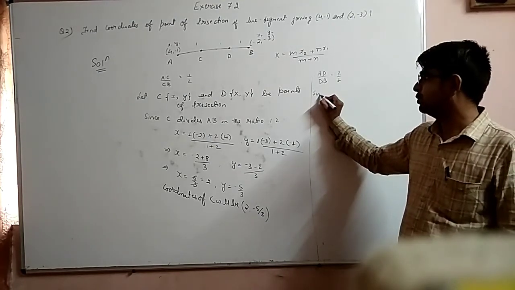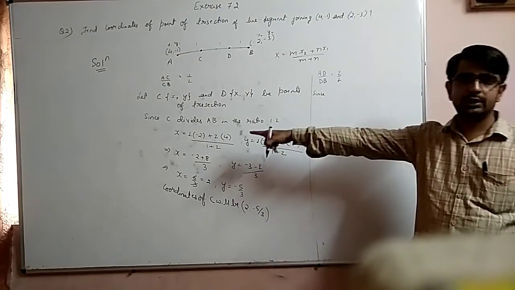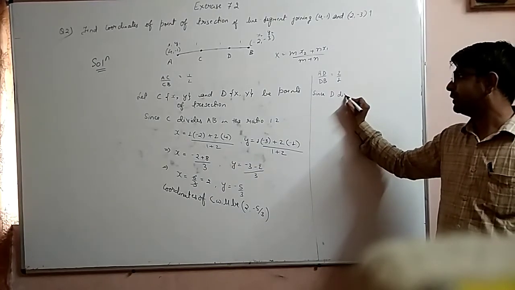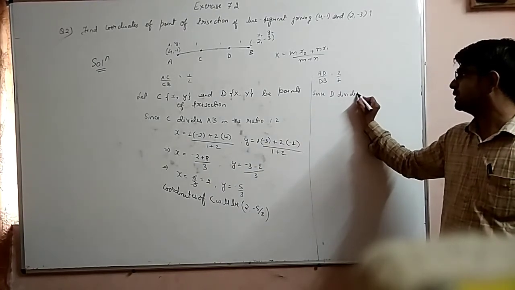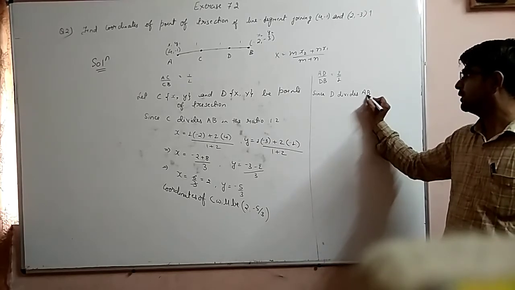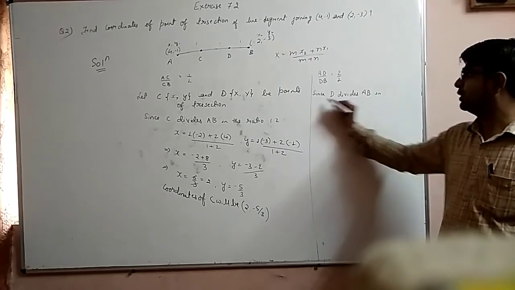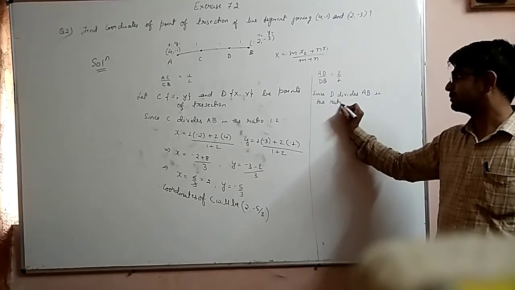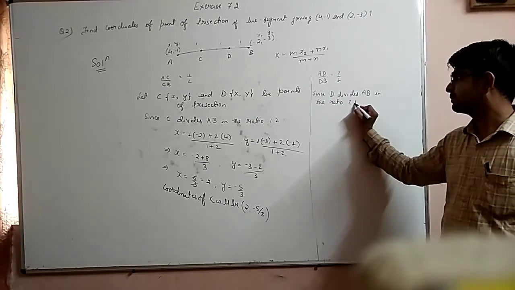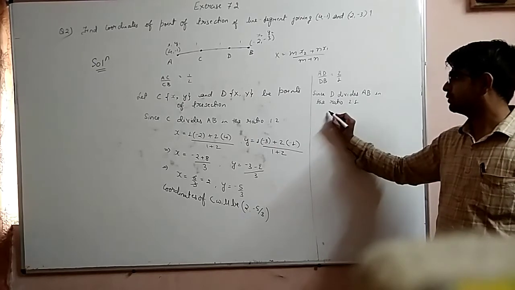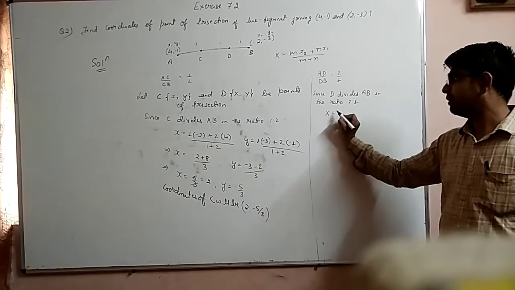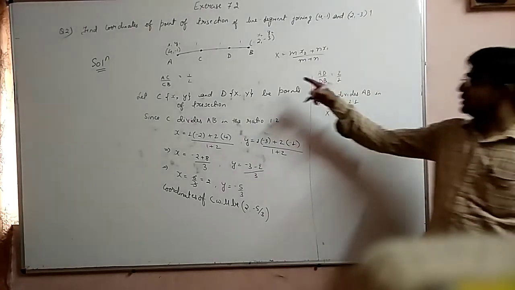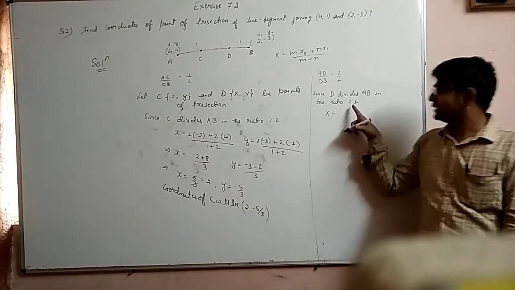So we can do the same process that we have done there. This point D divides AB in the ratio 2:1. So therefore, this time capital X. Okay, now what is m?